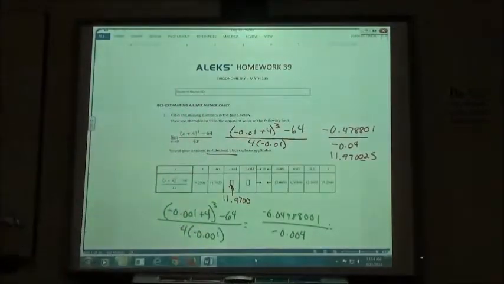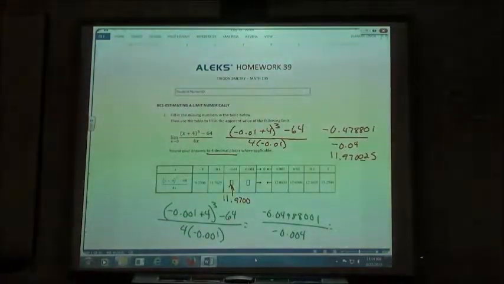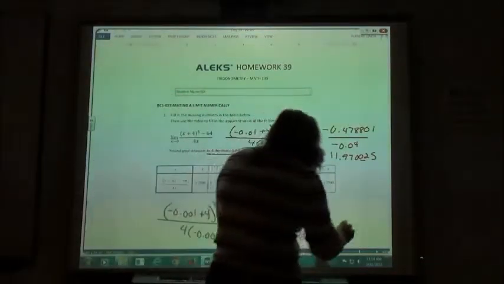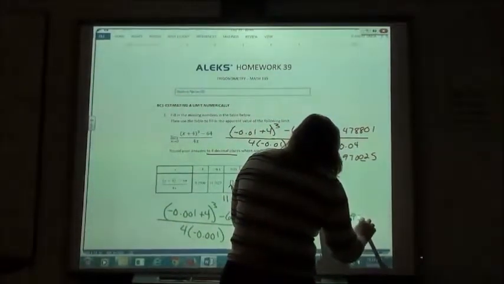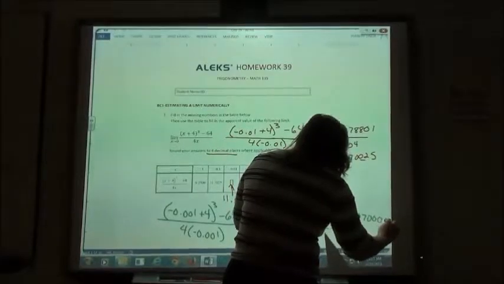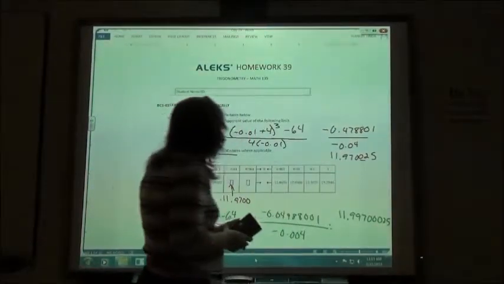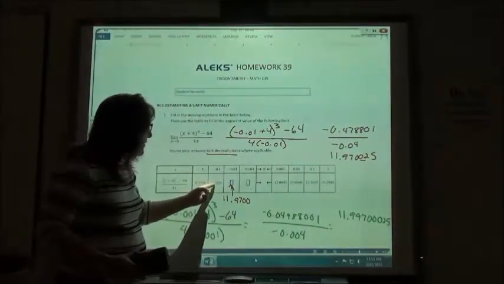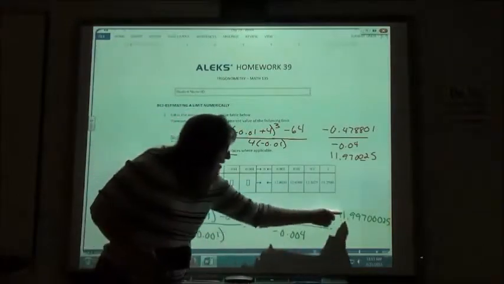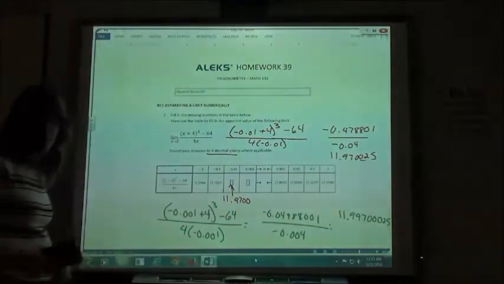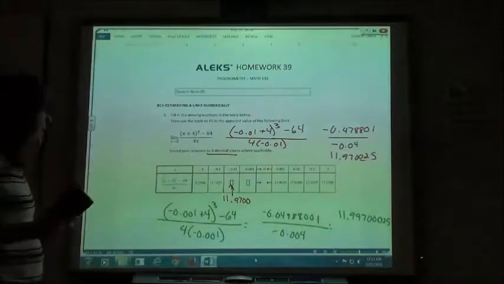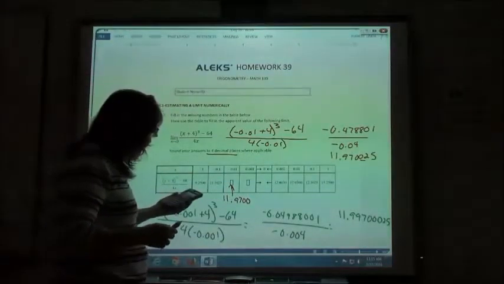So, negative 0.04988001 divided by negative 0.004 gave me, that looks better, 11.9970025. I knew since this was 9 and then 11 and these ones were 12, I should get 11 point something, and so when I had the wrong number on my calculator, I knew I did something wrong. I had to go back and check my work.